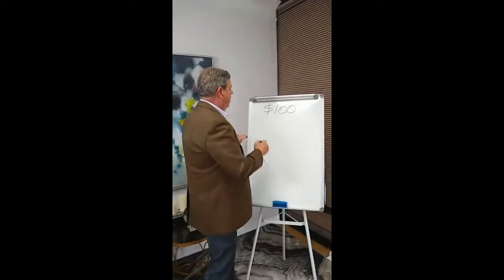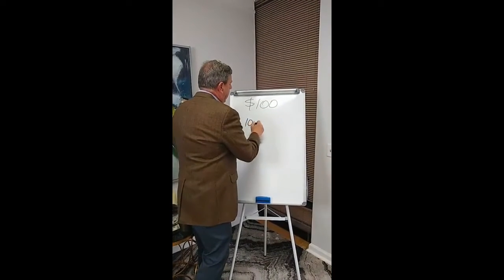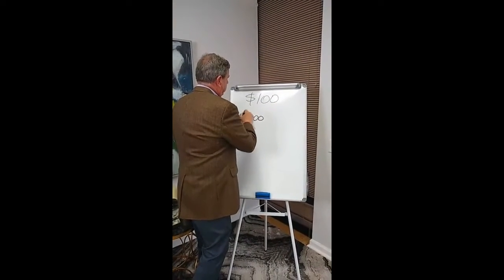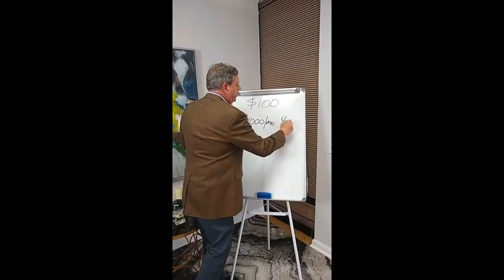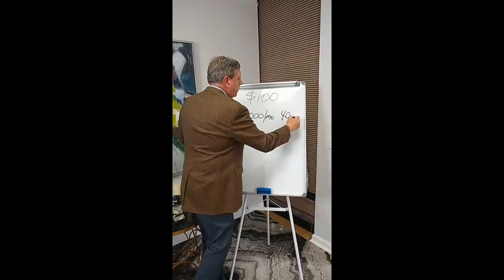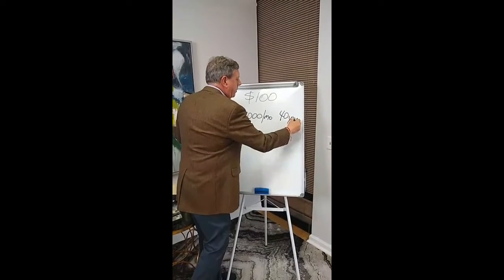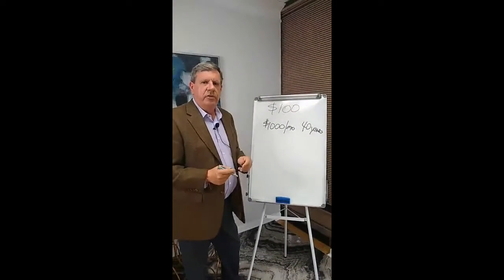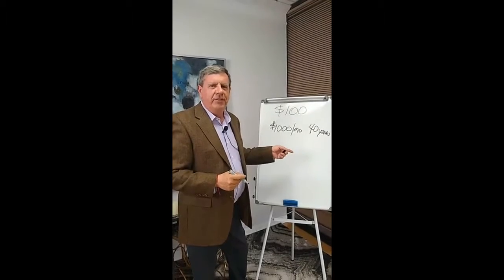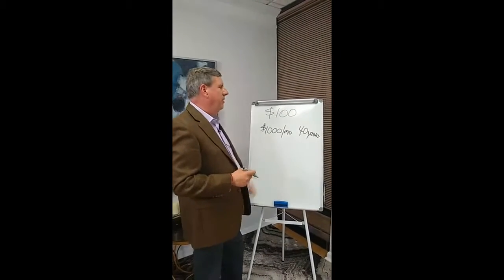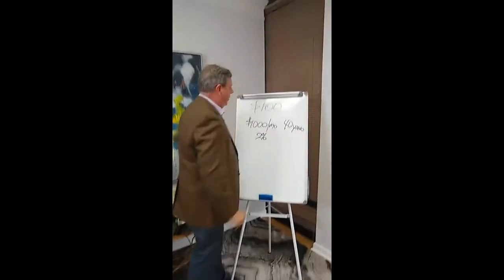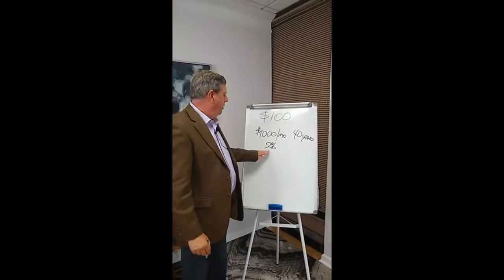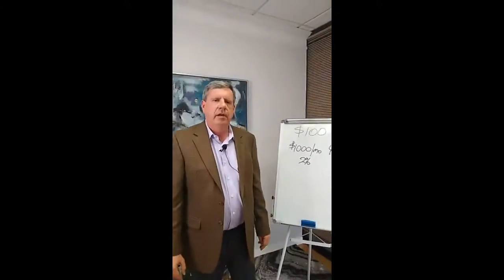Suppose that I invested $1,000 a month for 40 years. 40 years sounds a little like a prison term, but it's also about the amount of time most people work. 1,000 a month is a big number. And I did not want any risk. So I got a 2% interest rate, someplace guaranteed.